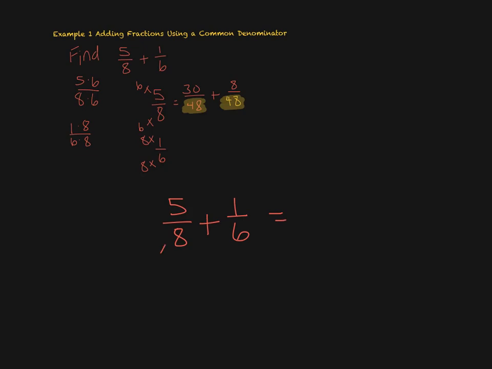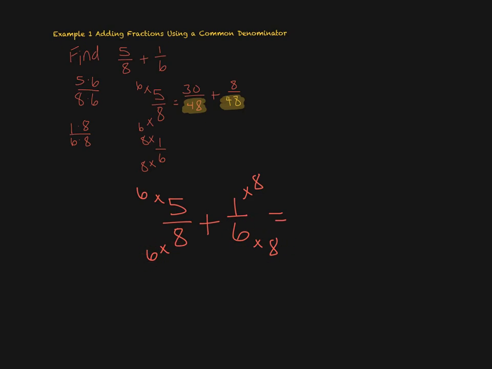So if I take 8 times 6, whatever I do to the bottom, I do to the top. So 5 times 6. Do the same thing over here, only I'm multiplying it by 8. Got to do it to the top. And the reason I chose 8 and 6 is because all I did was I took this number 6 comes from here.